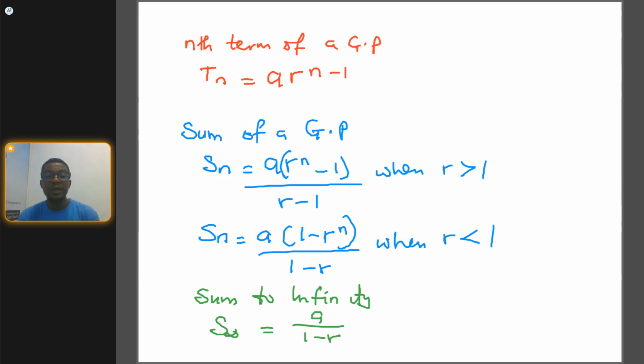So these are the formulas that we discussed, and we were able to take some examples under those formulas. These formulas are very important, and you need to know them by heart because you'll be using them mostly to solve your questions. All right. So have it in mind. Next class, we are going to solve UTME questions that have to do with geometric progression.